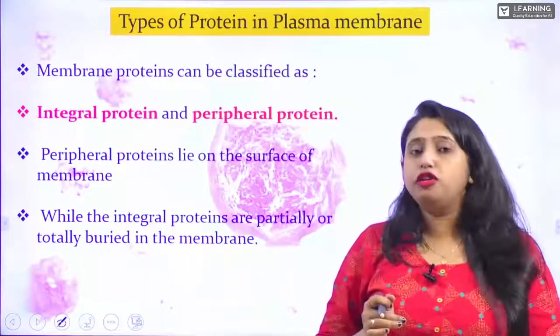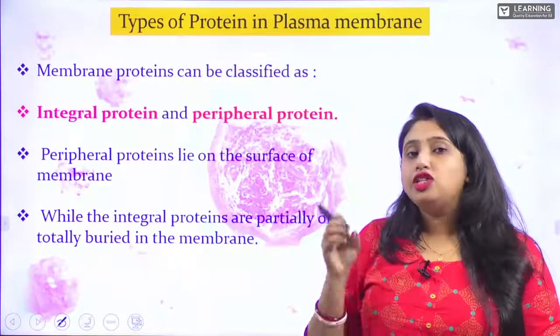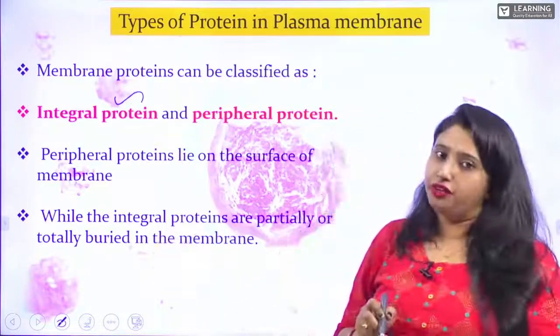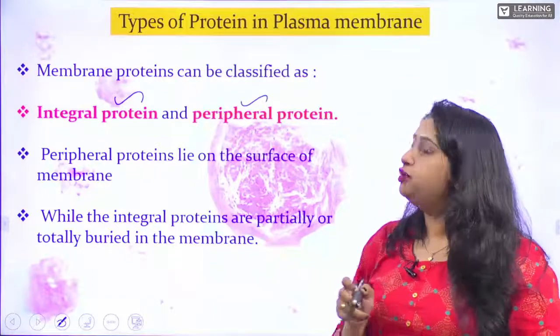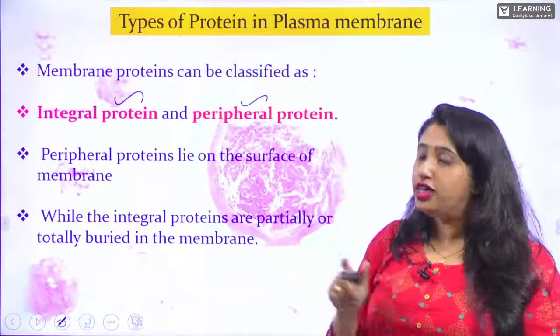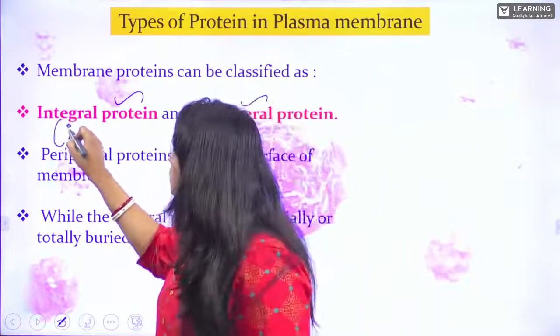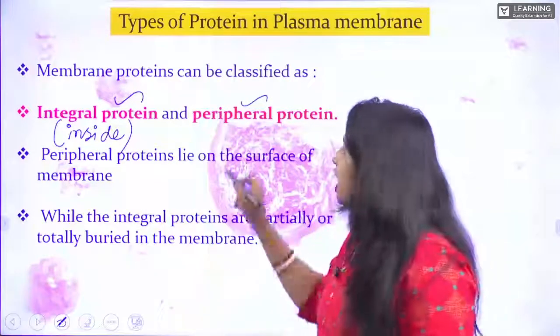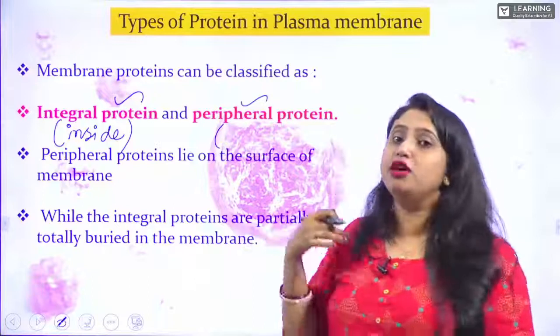Now talking about the various types of proteins, what are the two types of proteins? One is your integral protein, and another is peripheral protein. So what is this integral protein? Integral means it is present inside, and peripheral means it is towards the periphery.